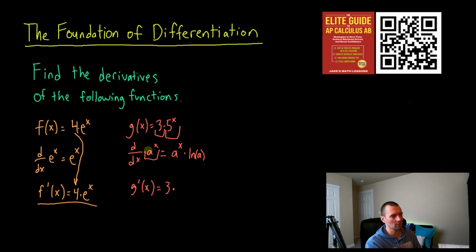We say a is 5, our exponent is x, and we apply the formula. We get 5 to the x times natural log of 5. We could rearrange these so that all of our constants are out to the left: 3 natural log of 5 times 5 to the x. That is your derivative, g prime.